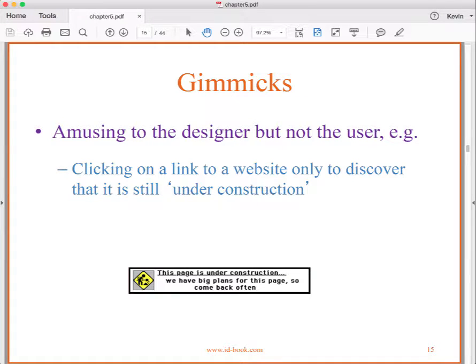So, gimmicks can be amusing to the designer, but not to the users. So, clicking on a link to a website only to discover that it is still under construction. I don't see that as being gimmicky. Okay. It's maybe rude, right?